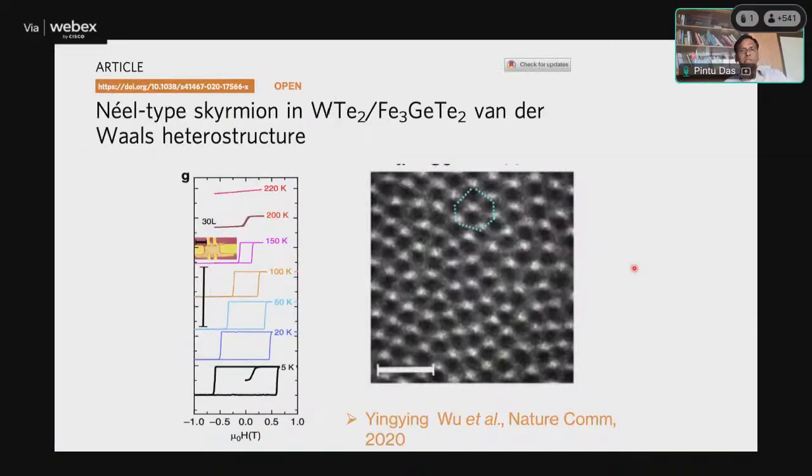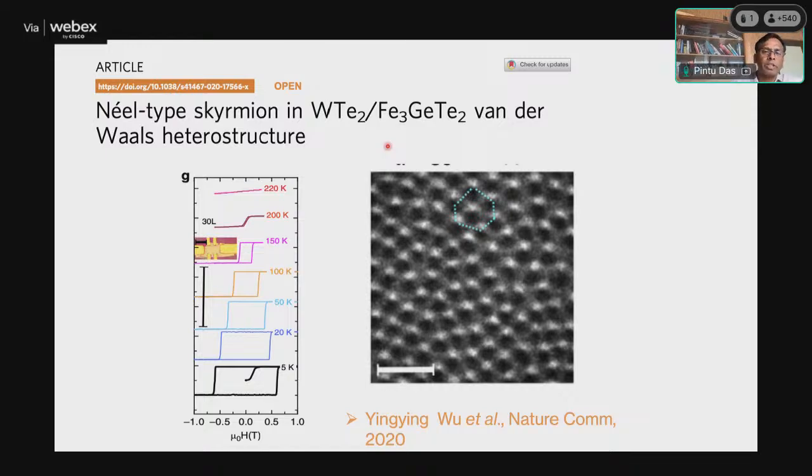Also, the skyrmions that I have discussed, people have actually fabricated devices now, because since you have a two-dimensional magnet, it is possible to fabricate devices with magnets and some other strong spin-orbit coupled material. In this case, this is tungsten ditelluride, where you have a strong spin-orbit coupling.